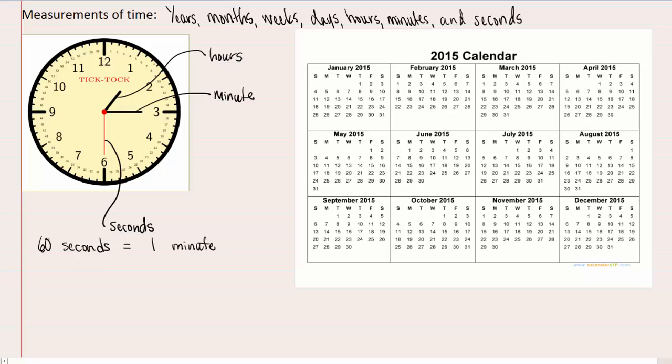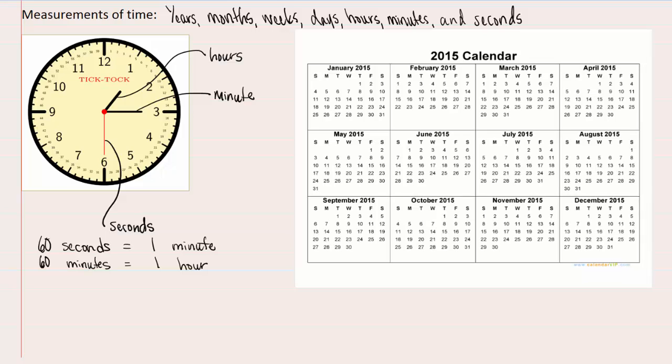Also, if we're using these small digits as our minutes, that would mean that there were 60 minutes in 1 hour. Now, the very large numbers on the clock are the ones that we're using for hours. As you can see, there are 12. This does not mean that there are 12 hours in one day, because it actually goes around 2 times.